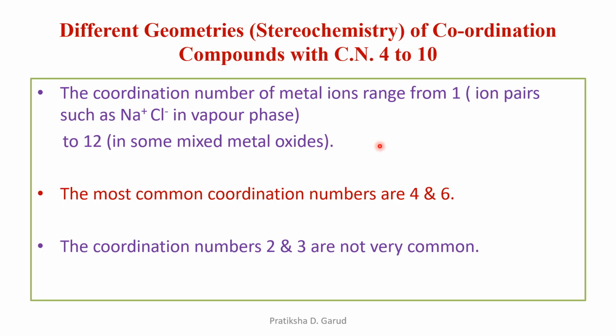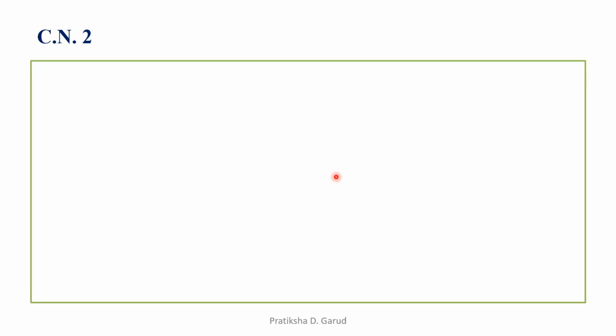Now here we have seen the coordination number 1, which occurs in the ion pair such as Na+ Cl-, right? Let's move on. We have the second, that is the coordination number 2. What is the coordination number 2? It is one metal surrounded by two ligands. Depending upon this, two geometries are possible.